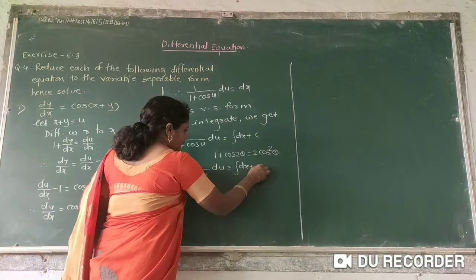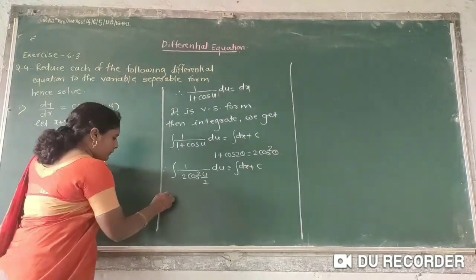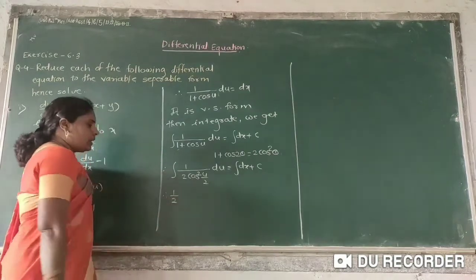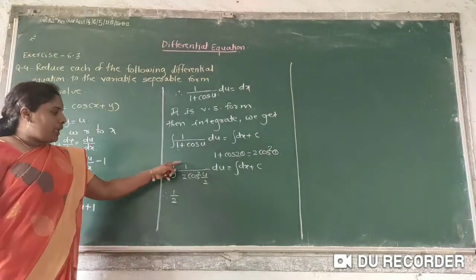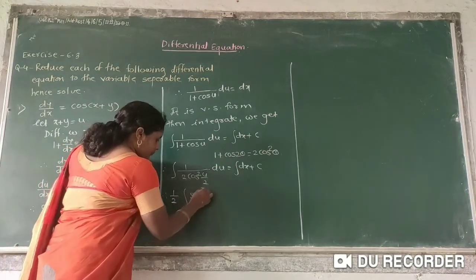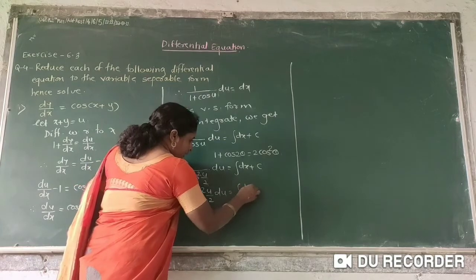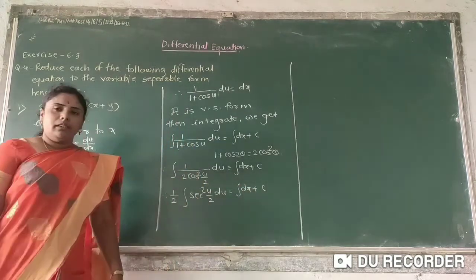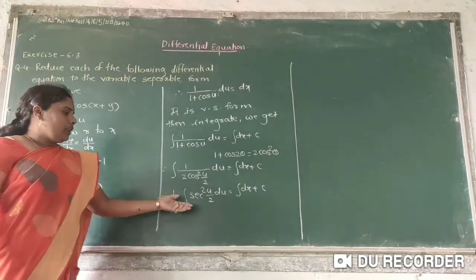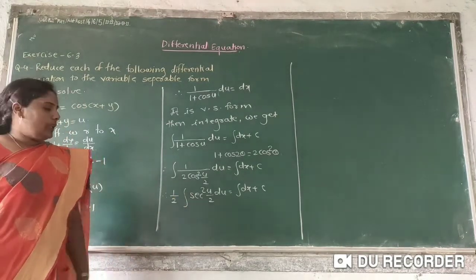plus integration constant c. Take 1 half, which is a constant, outside the integration, and 1 upon cos square is sec square. So sec square u upon 2 du is equal to integration of dx plus integration constant c. We know the integration of sec square x is tan x.